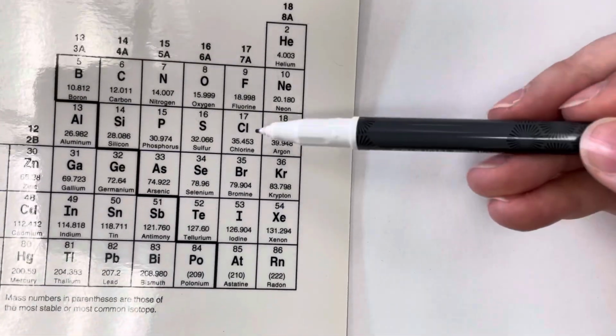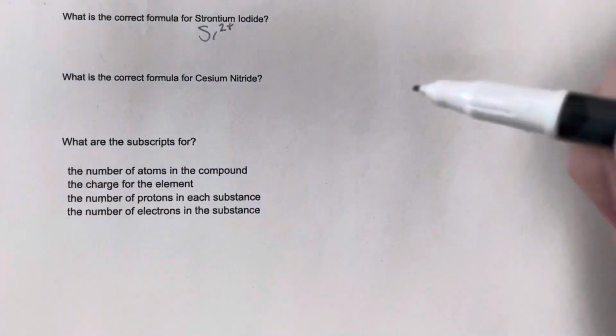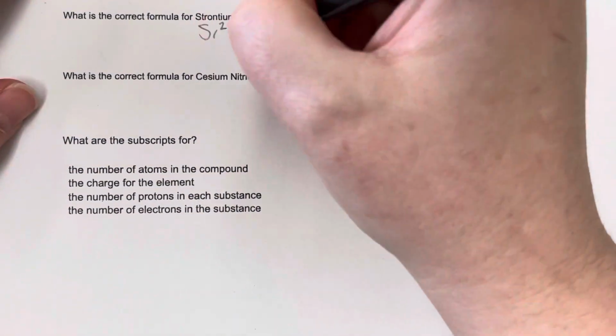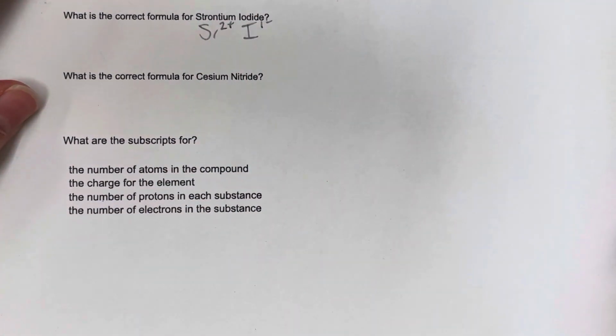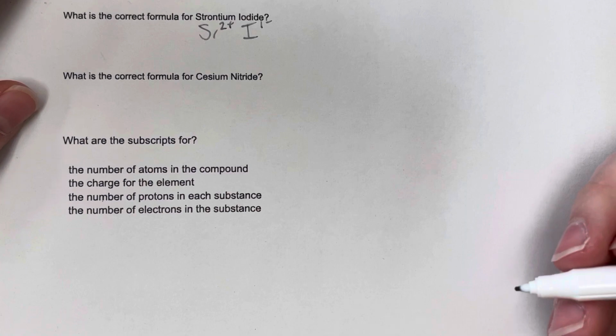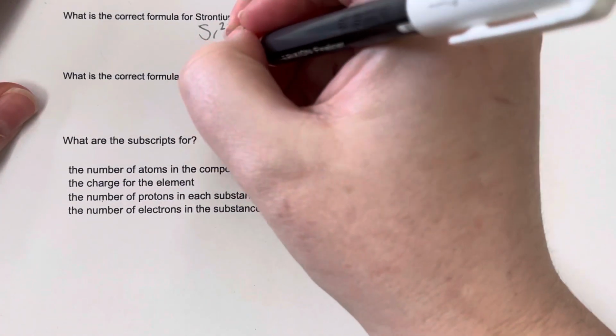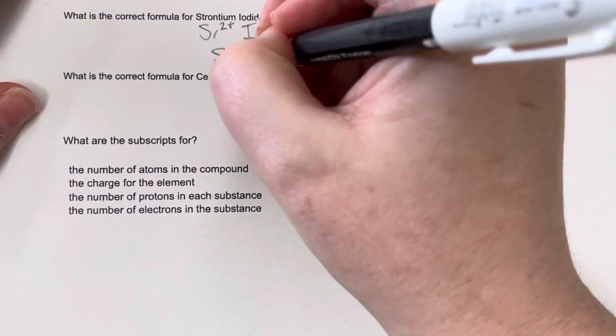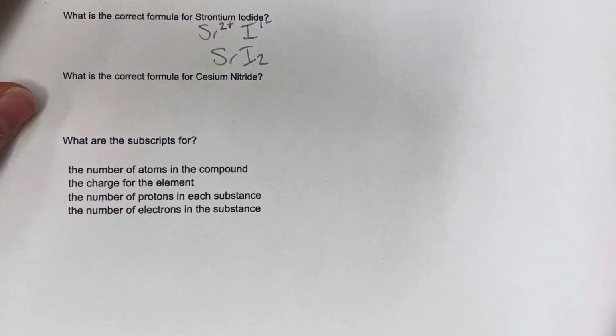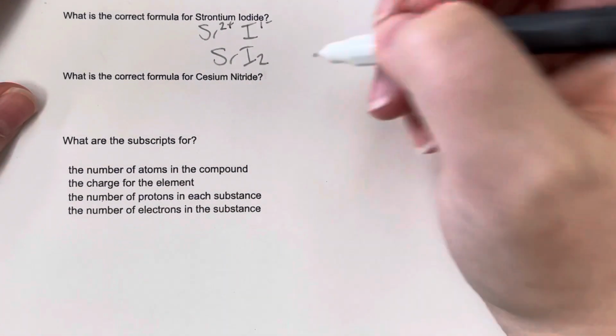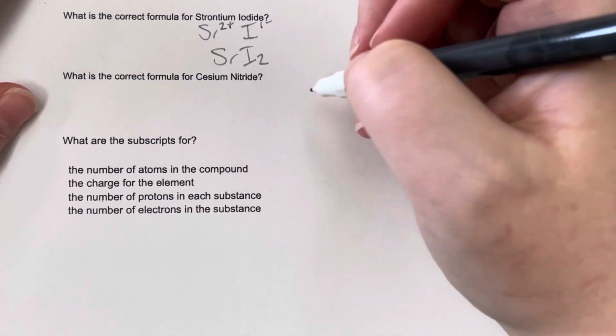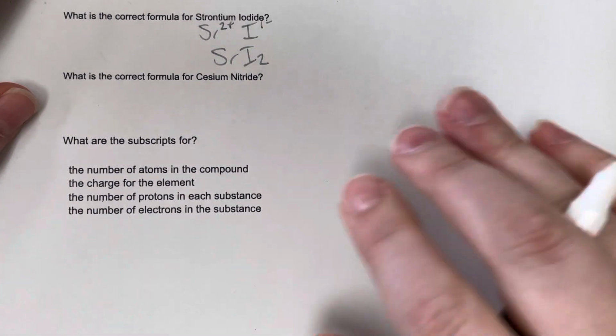Iodine is in column 7, which means it has 7 valence electrons, and it wants 8, so it's going to steal 1. Stealing is bad, so it'll have a charge of -1. I would then crisscross charges for subscripts, and that would leave me with SrI2, and I just need to make sure that this is the lowest possible ratio. The ratio is 1 to 2. It cannot be simplified, so this is my final answer, SrI2.